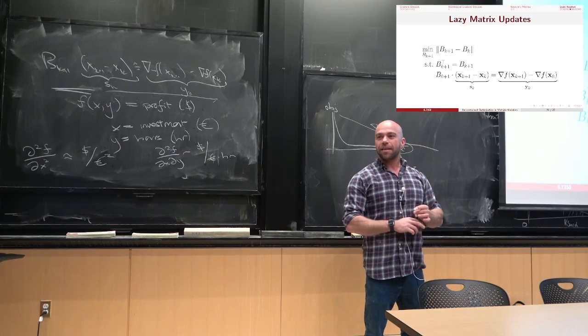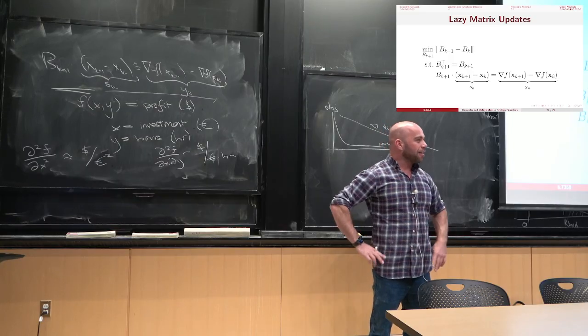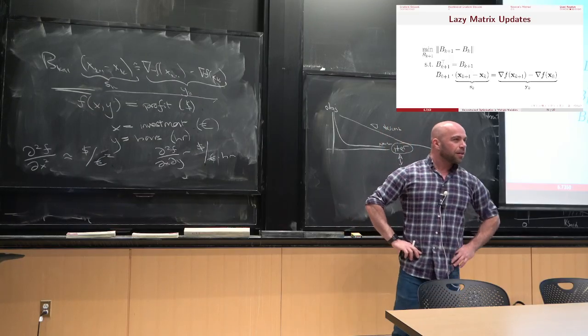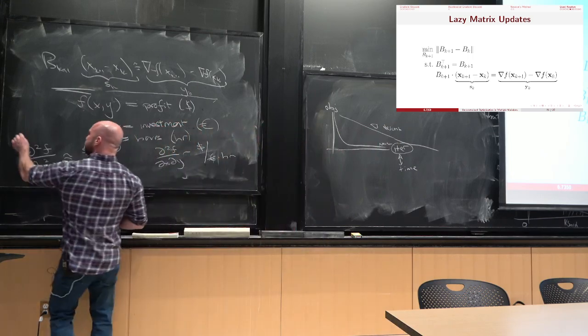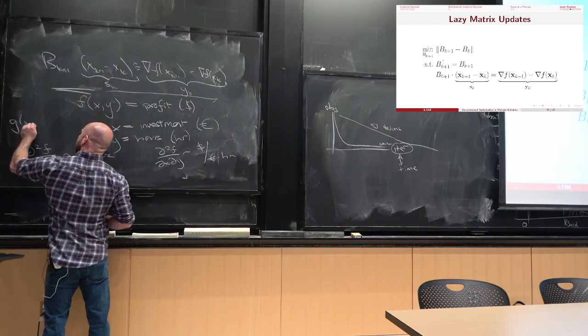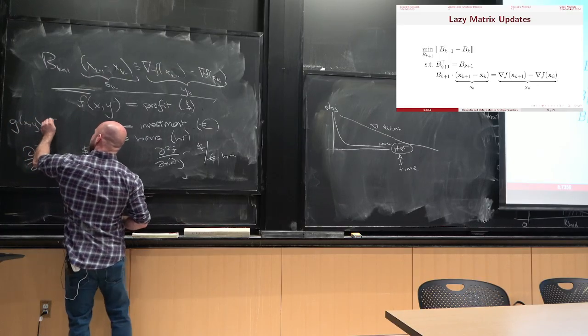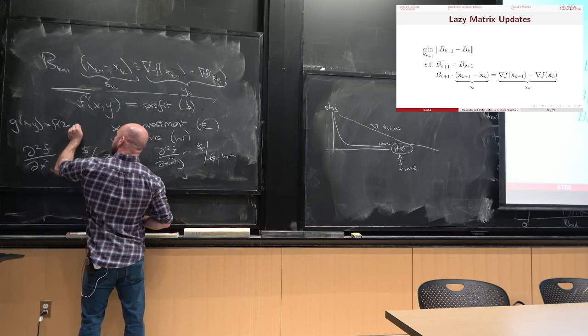And in fact, this is not just a vibes-are-off situation. It's actually quite critical in the sense that, let's say I define a new function g of x, y, and I just make it f of 2x, y, like that.